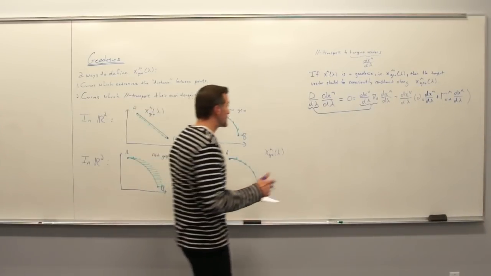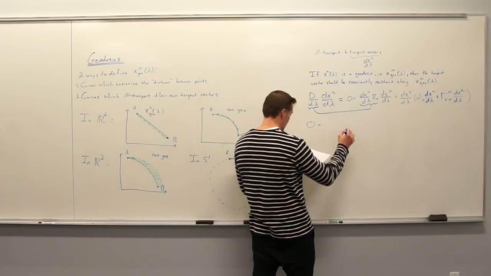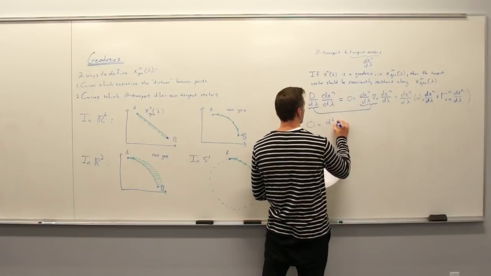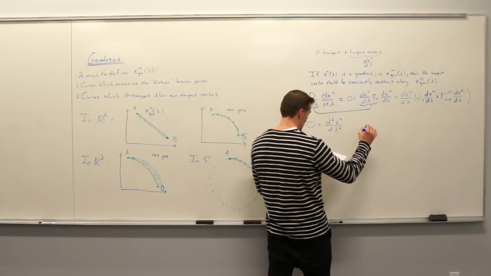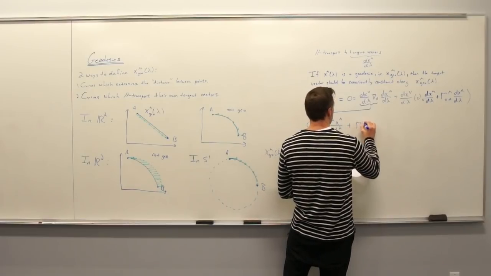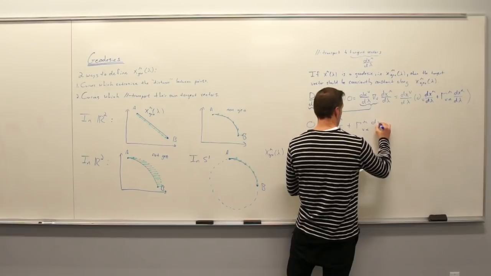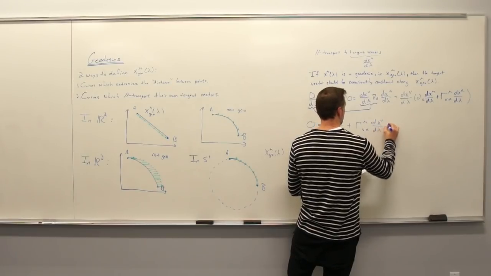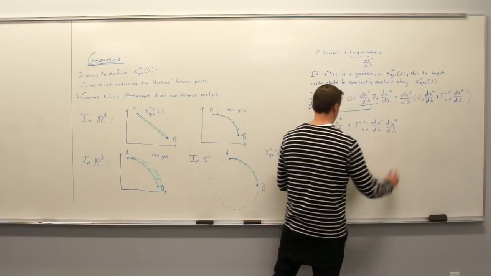And now we can just do a little bit of massaging of this to find an expression of the following form. This is equivalent to d2 x mu d lambda squared plus gamma mu nu alpha dx nu d lambda dx alpha d lambda.